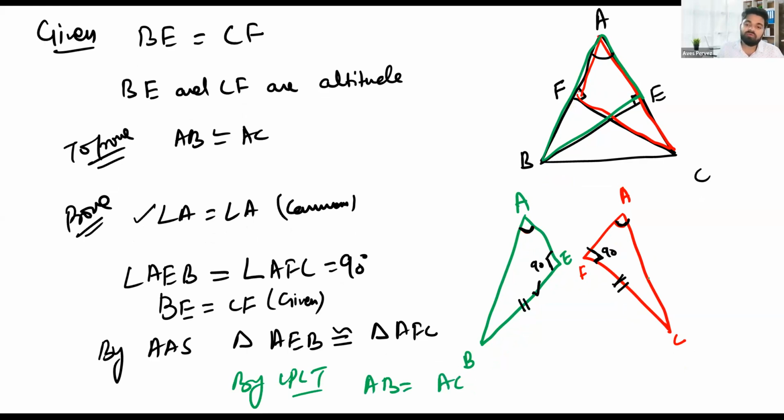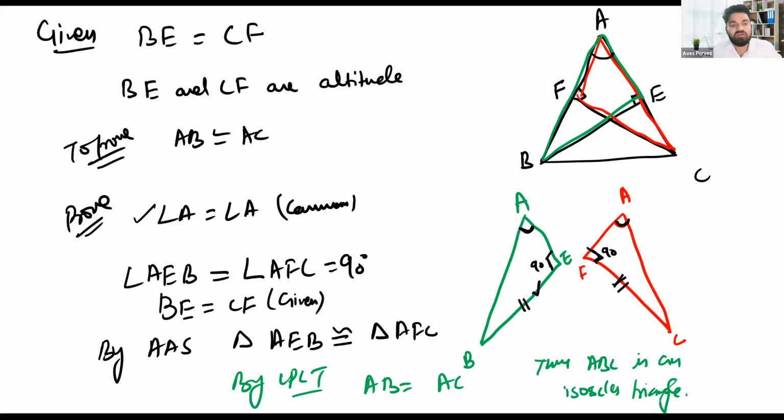AB of green will become equal to red AC. And since in triangle ABC, if any two sides are equal, then it is an isosceles triangle. So you can prove thus ABC is an isosceles triangle. Got it?